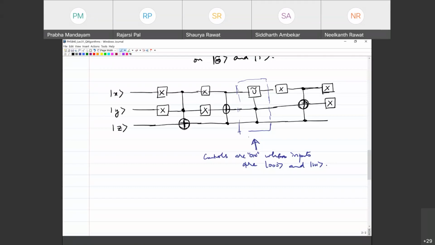If the controls don't kick in, then nothing happens. That's what a controlled unitary gate does. It applies the unitary only when both the controls are set to 1. So you have to make sure that both the controls are set to 1 only when these two states are the inputs, and otherwise both the controls should always be off, right?